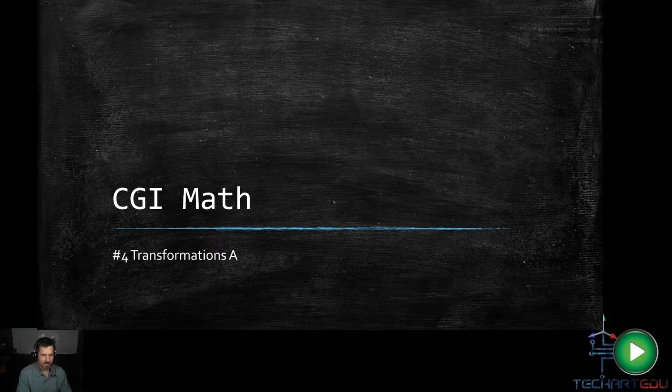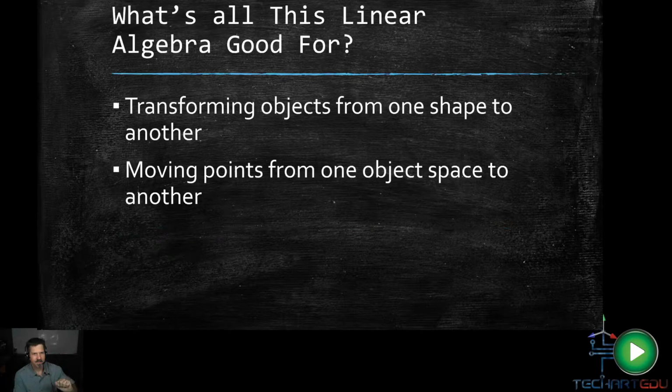It's from one object space to another, one color space to another, one frame of reference to another. So it's all about going from point A to point B. Whether you're going from color to color, object to object, location to location, even rotation to rotation, it all has to do with transformations.